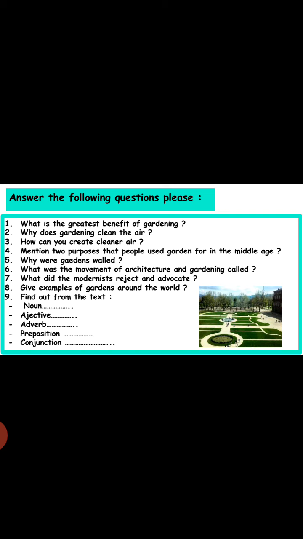Let's go to the questions, please. Number 1. What is the greatest benefit of gardening? This question means, what is the greatest advantage of gardening? Number 2. Why does gardening clean the air?